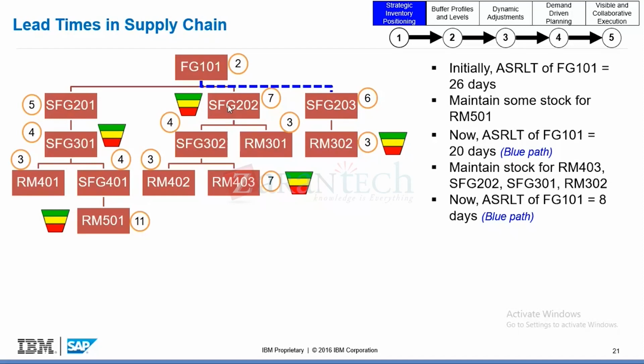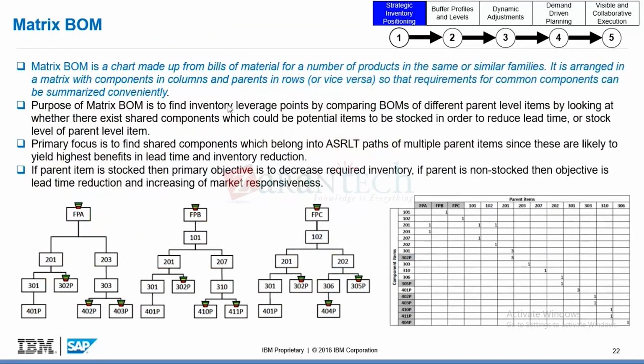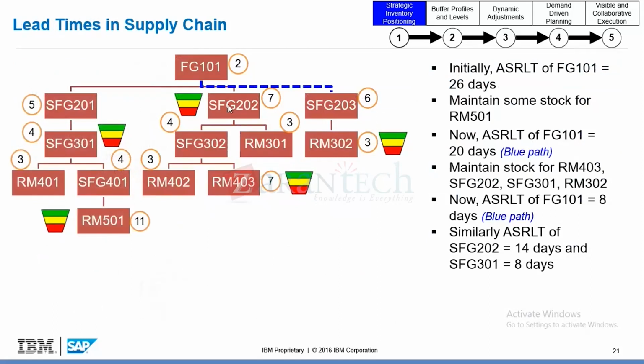So it is only 6 plus 2, 8 days. And we can calculate the ASRLT similarly, considering the stocks. So that means basically we have to decide on a strategic decoupling point to reduce the synchronized lead time. This is the first step of strategic inventory positioning.